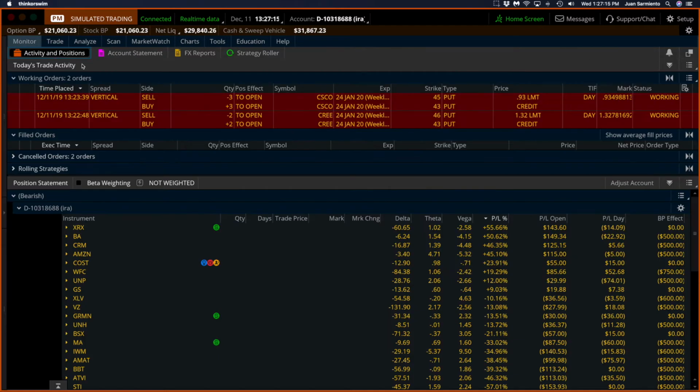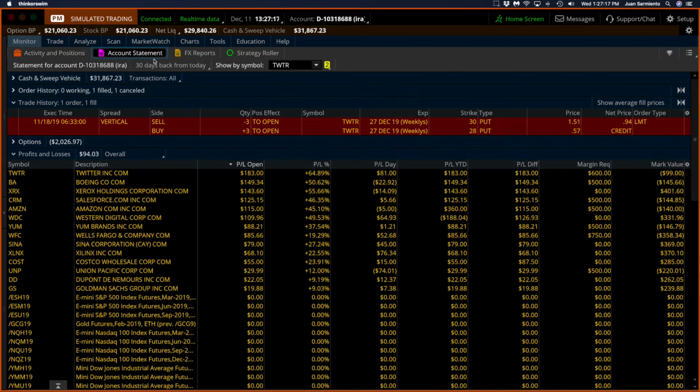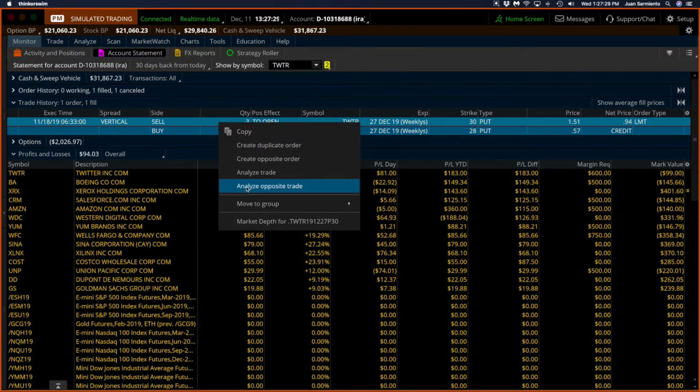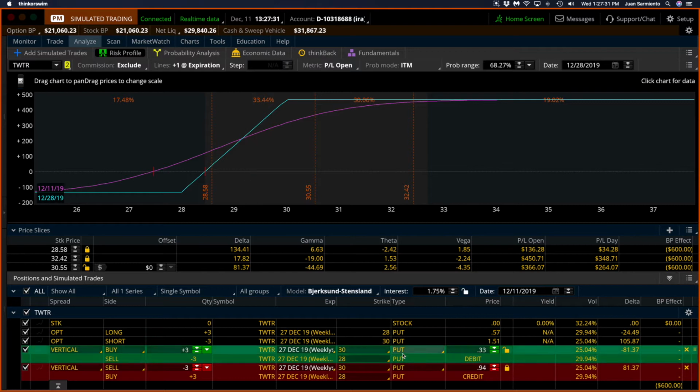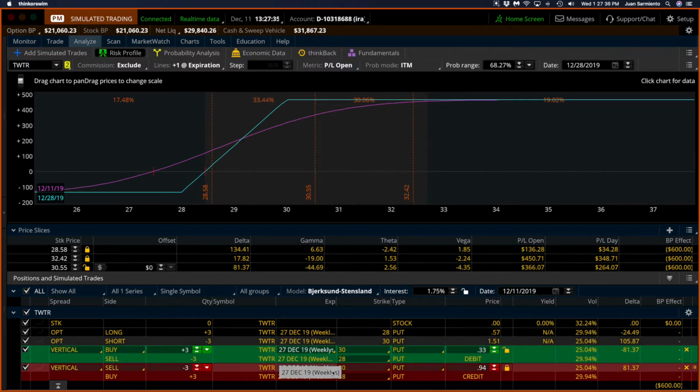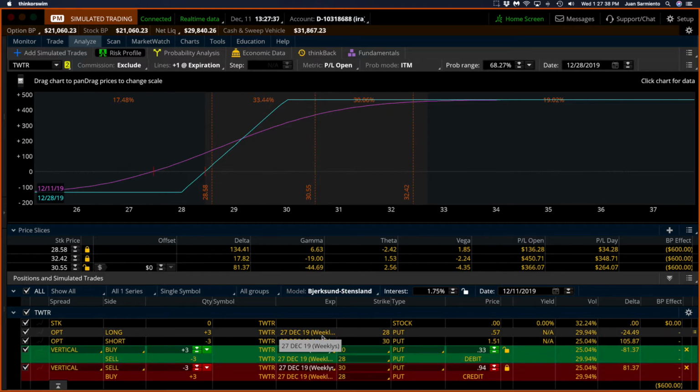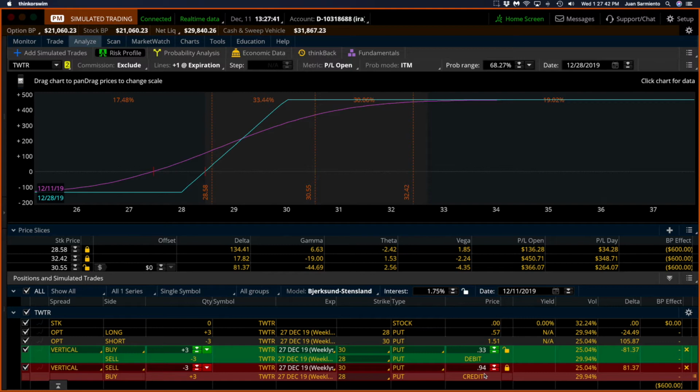And let's see, if we go to the account statement, and here's Twitter, and this is the trade that we entered on November the 18th. And this is more than 50%, and we started here in November, and we would have to go a couple of weeks more. Okay? So, it seems like a good idea to close it.